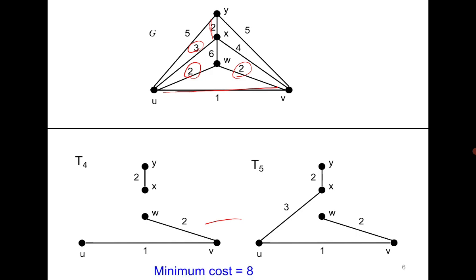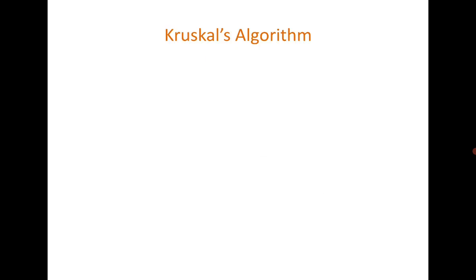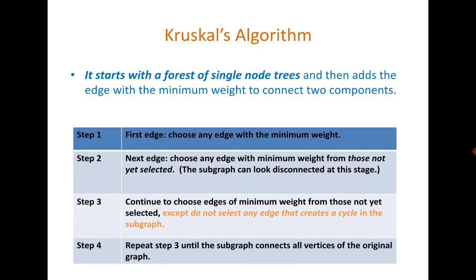So this algorithm is Kruskal's algorithm, which keeps picking the minimum weight edges, and we have to pick n minus 1 edges if the order of the graph is n, such that at any stage it does not form a cycle. And by doing so, in the end we will have a minimum weight spanning tree. So this is Kruskal's algorithm.